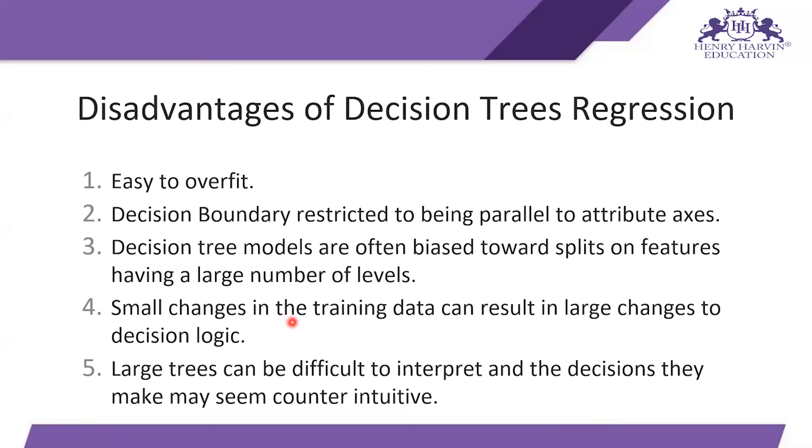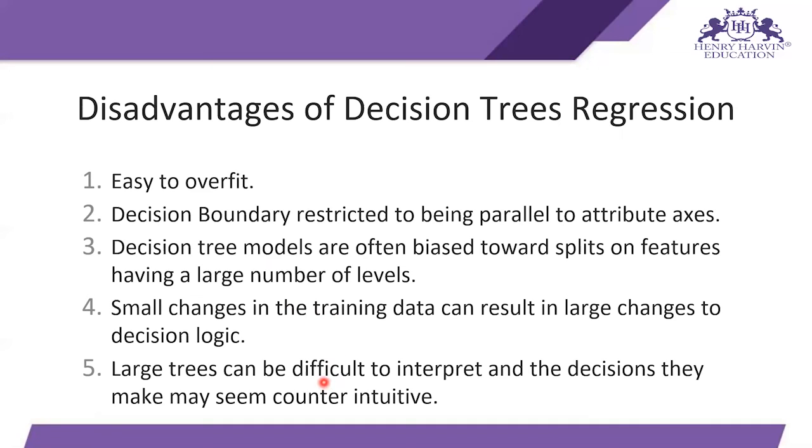Small changes in the training data can result in large changes to the decision logic. So if we change the data at a small level, that small change will still result in large changes to the decision logic.